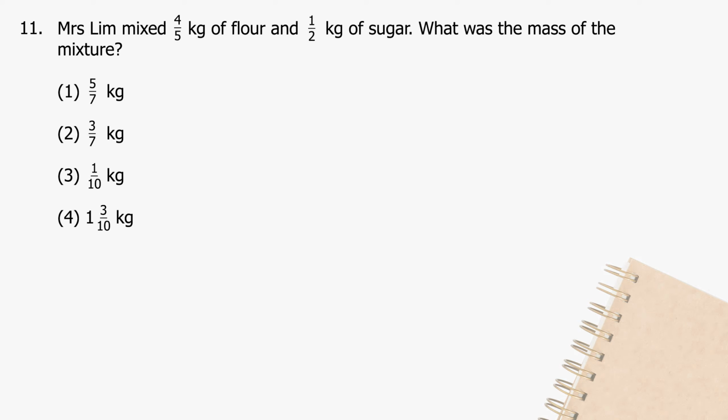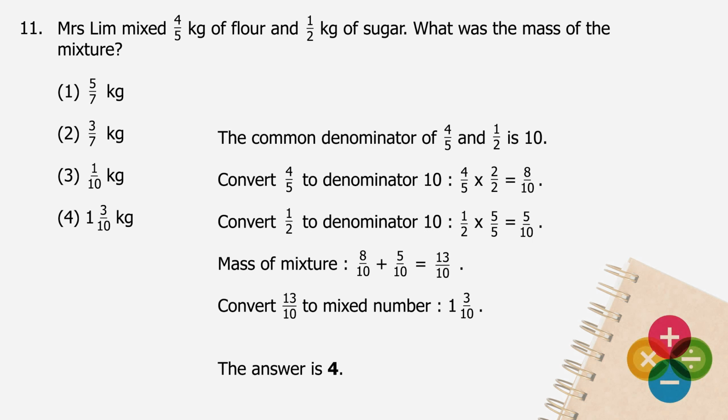Question 11. Mrs. Lim mixed 4/5 of a kilogram of flour and half a kilogram of sugar. What was the mass of the mixture? The common denominator of 4/5 and 1/2 is 10.